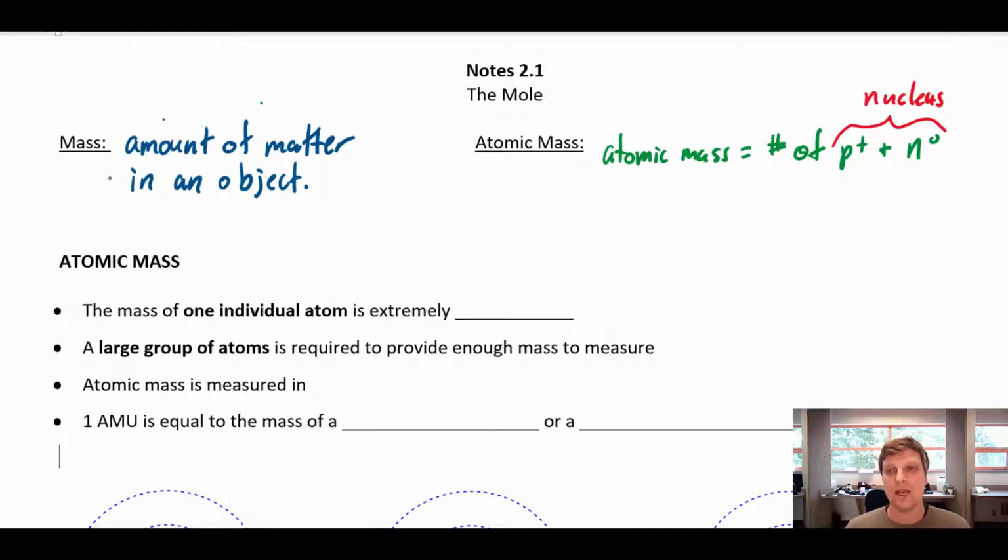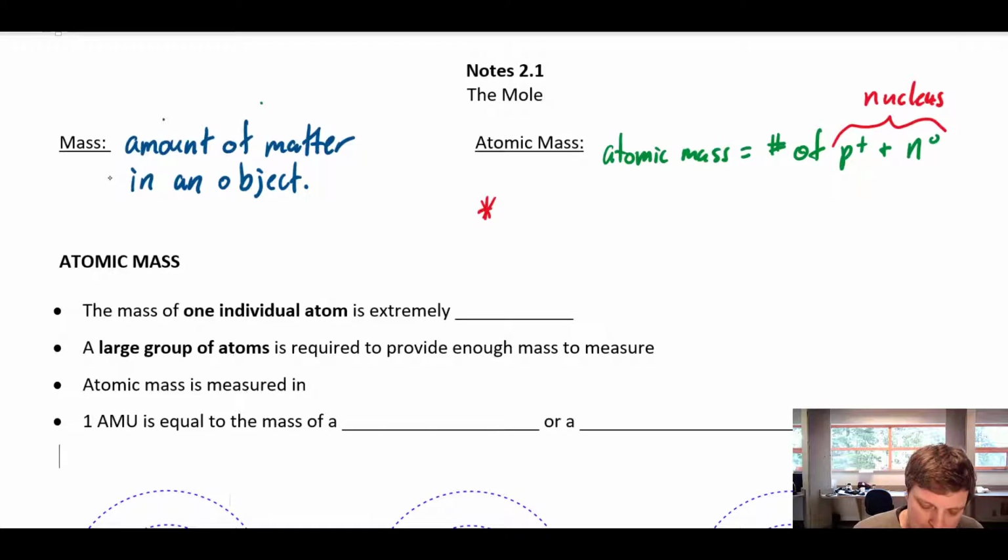And so we can say that if we have an atom and it has a mass of 50, that's because it has some combination of protons and neutrons that add up to 50. Now, also a reminder, you might say, well, what about the electrons? So electrons are there, and they also are made of matter, but they're really, really small.